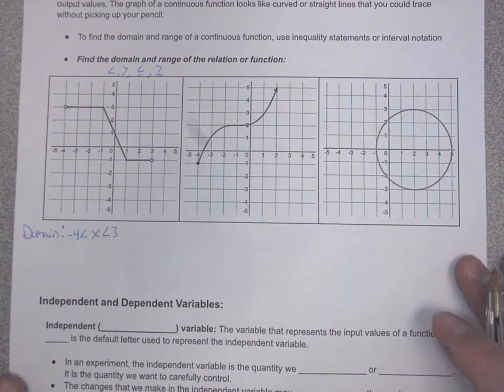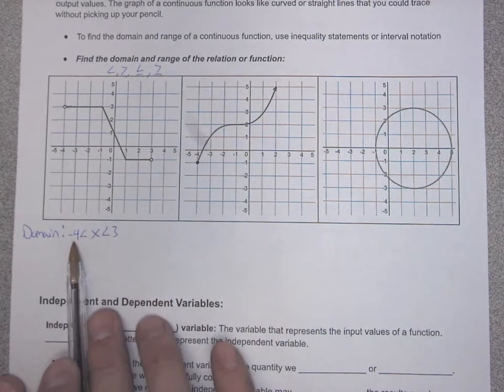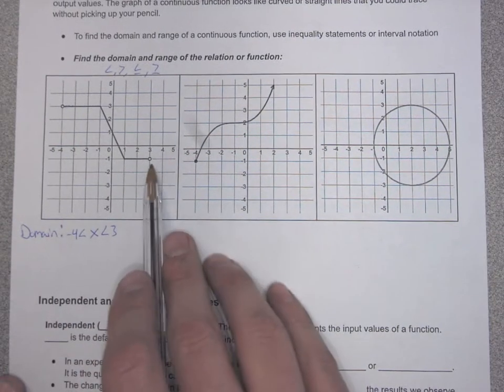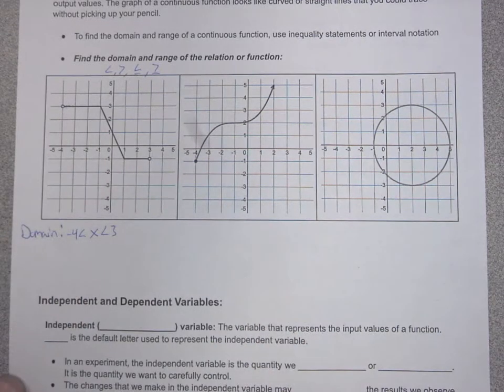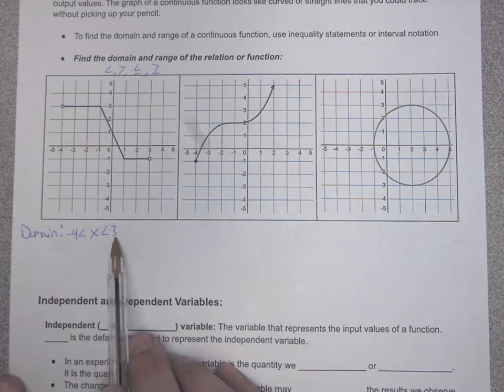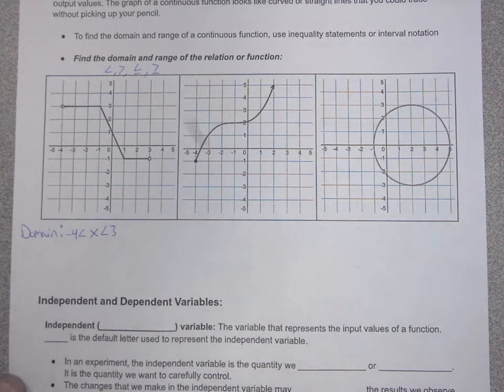That's how I write an inequality that represents this interval. It starts at -4, it goes to 3. Notice we have open dots here, and the open dots means not included in the domain. So all the way up to 3, but not including 3, all the way up to -4, but not including -4. That's one way to write the domain.